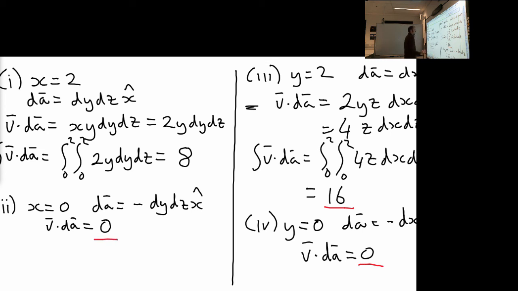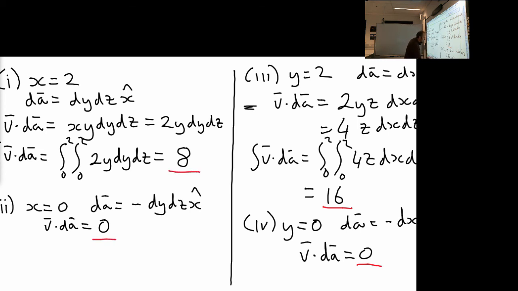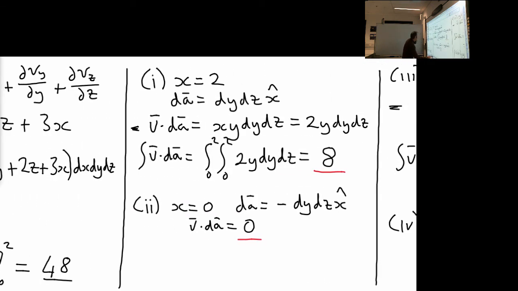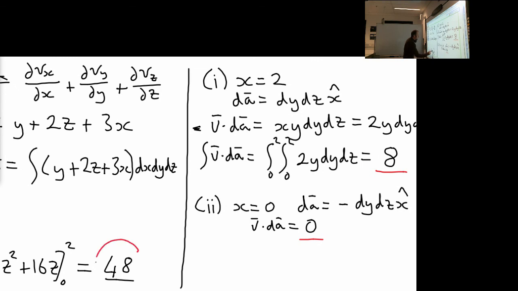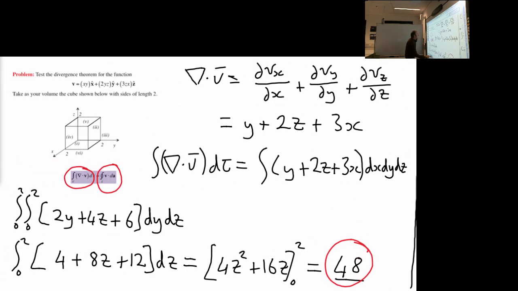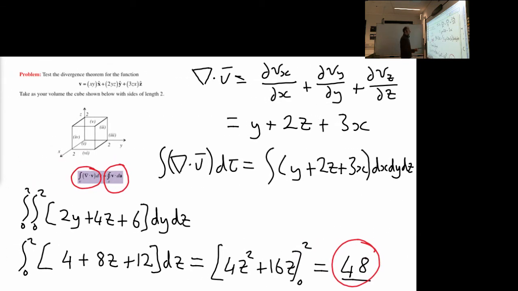Plus 0 is 40. Plus 8 is 48. So what we find is that we get the same answer as we did previously, and that our divergence theorem holds.